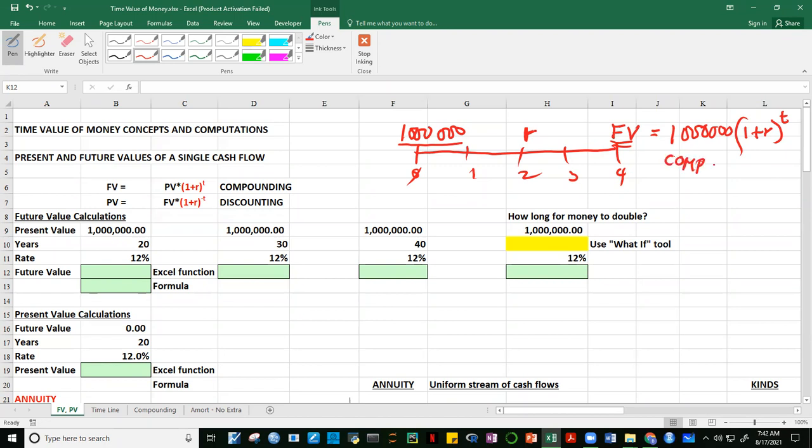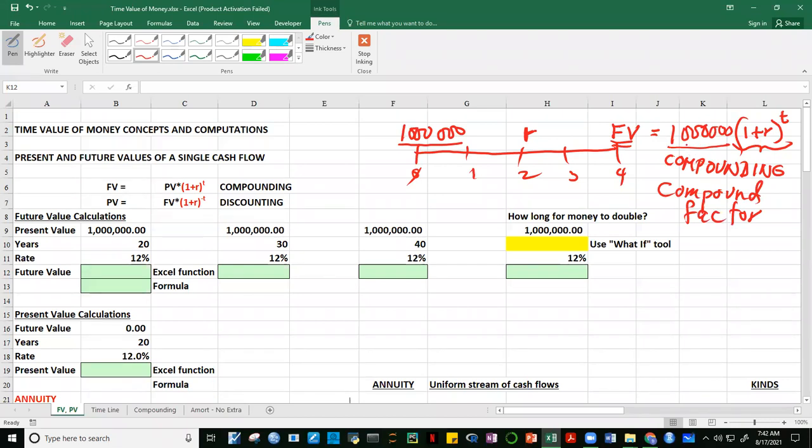So when you're getting the future value, you are compounding. And the factor that you use to multiply to your value now is called your compound factor. So this one, guys, the 1 plus R raised to the T, is called your compound factor.